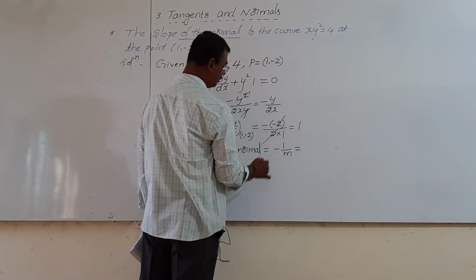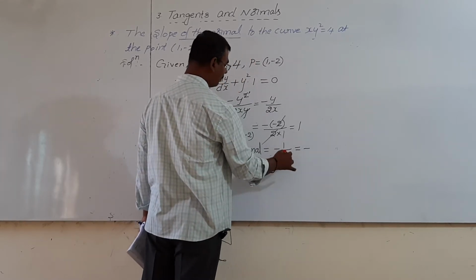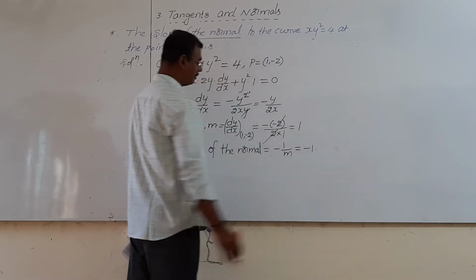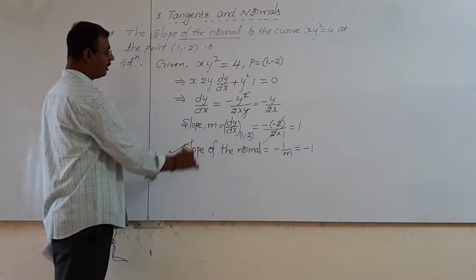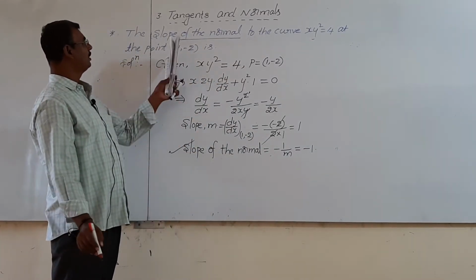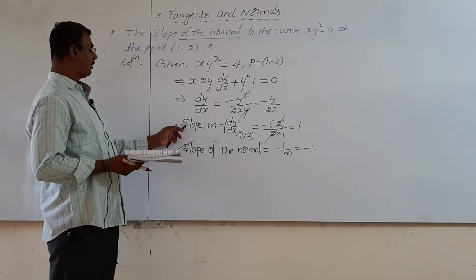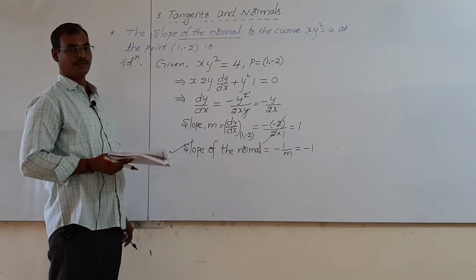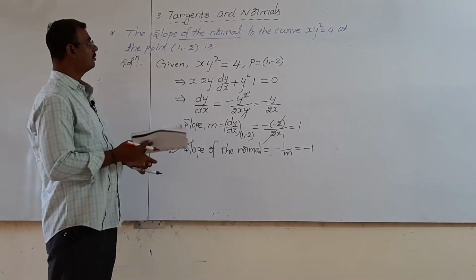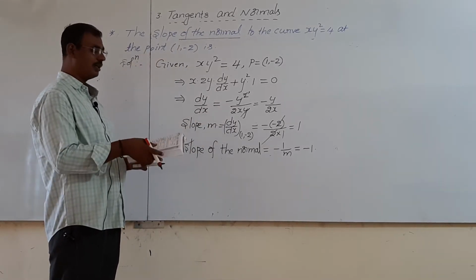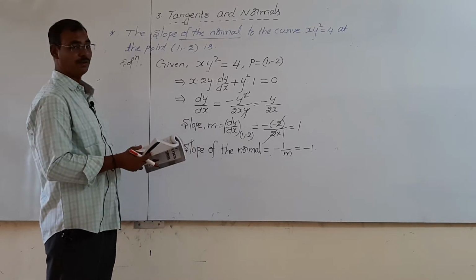This is equal to minus 1 by 1, which is minus 1. So this is our answer. This is the formula for the slope of the normal, and this is the formula for the slope of the tangent. So you can find out any question like this. I hope you understand this problem.